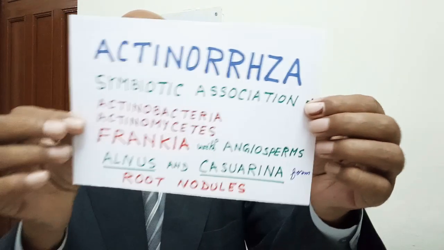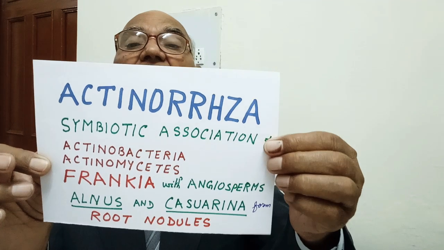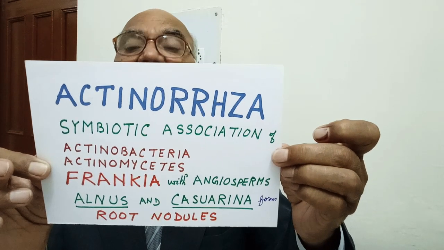A symbiotic association of actinobacteria, actinomycetes, and a typical genus is Frankia, which forms association with angiosperms. The typical angiosperms that have been studied are Alnus and Casuarina, and Frankia forms the root nodule in these. This is a typical association of a member of the actinomycetes with these angiosperms.